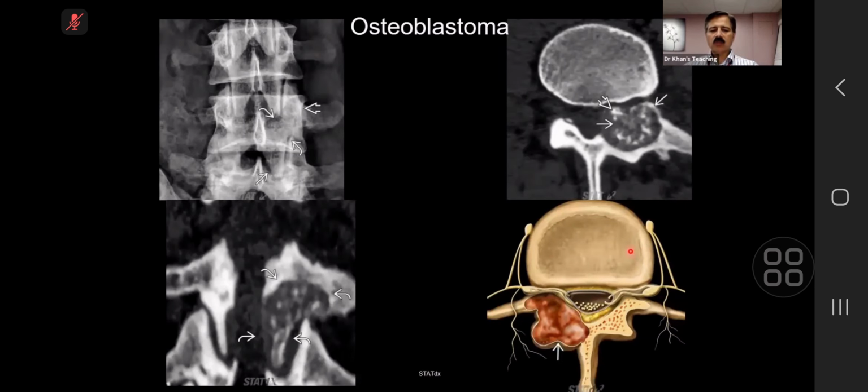And so this is another case where you can see the graphic sitting here, and from literature, another example, lucency with osteoid matrix. If you see osteoid matrix, you're very confident that this is an osteoblastoma. And if this thing was smaller than 2 centimeters, it would have been an osteoid osteoma.